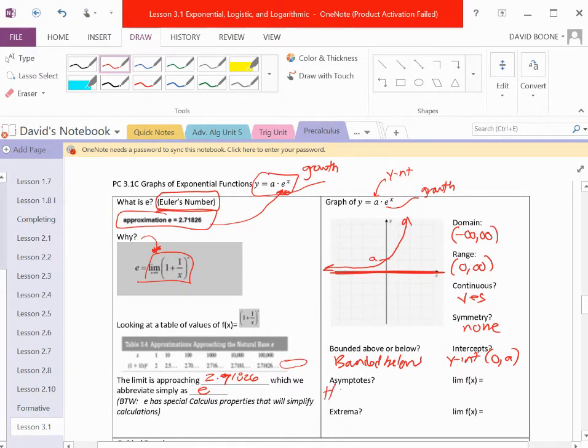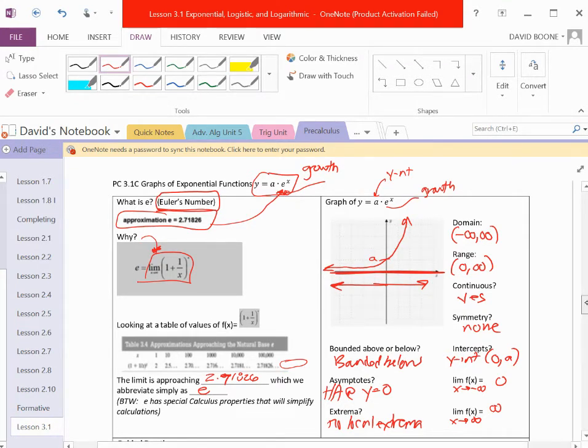Which means there is a horizontal asymptote at y equals 0, and there are no local extrema. And again, the limit as x approaches negative infinity, as I go this way, the graph's going to level off at 0. And as x approaches positive infinity, as I go this way, this graph goes up forever to infinity.